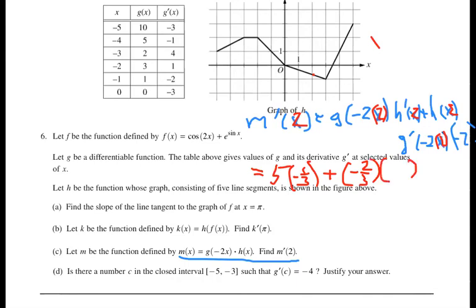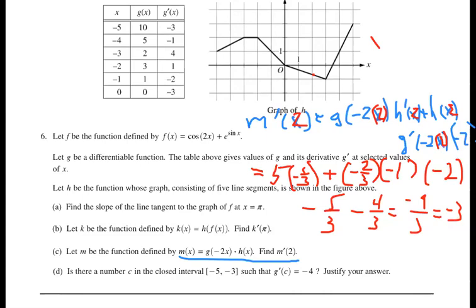G prime of -4 is -1 times -2. Oh, there was the problem right here. This should have been -5/3. This would have been -4/3, which is -9/3, which is -3. That is what we were supposed to have. So that's why we get 15 minutes in case we mess something up.